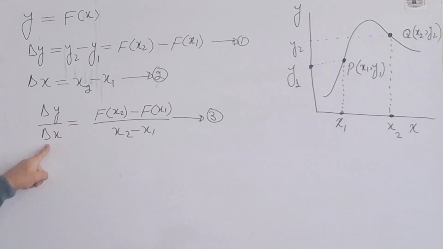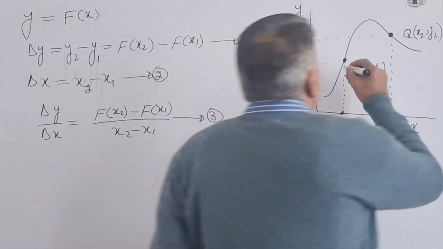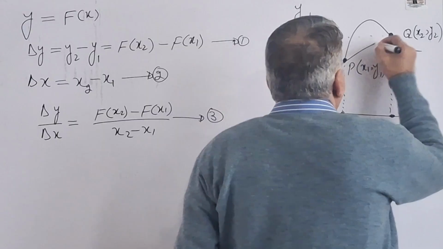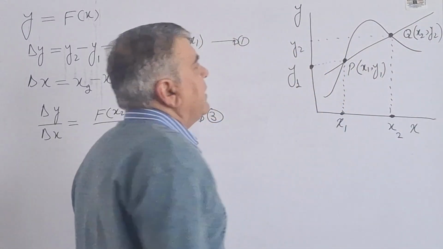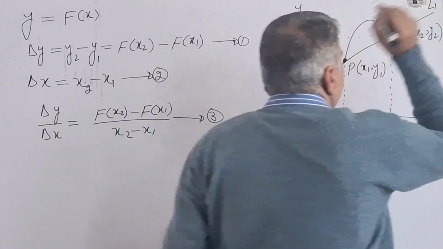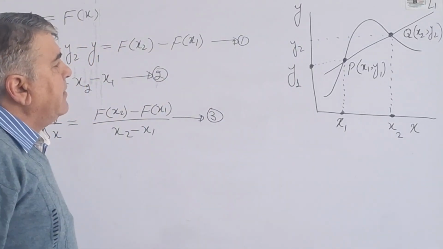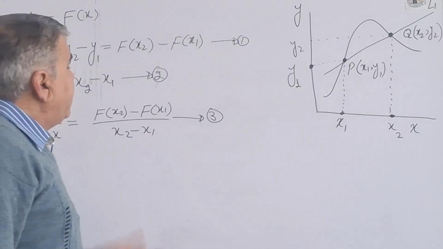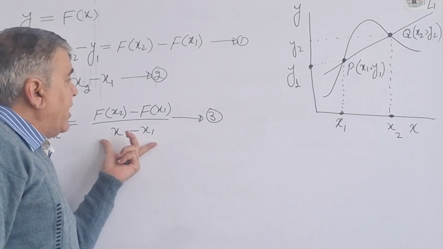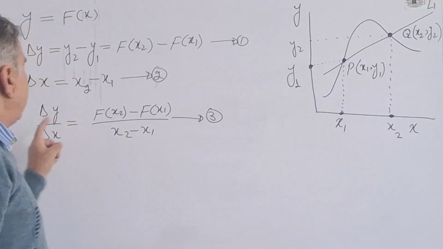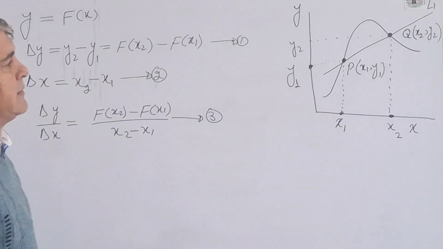Slope of the line joining point P to point Q, a line like this. Let me call this line L1. This is obviously a secant line. That's all right. Equation 3 now in fact provides the information about the slope of the line.